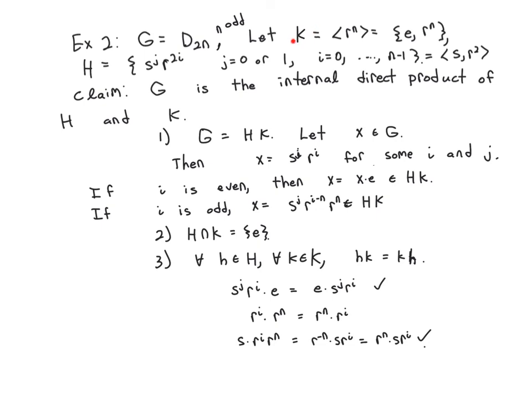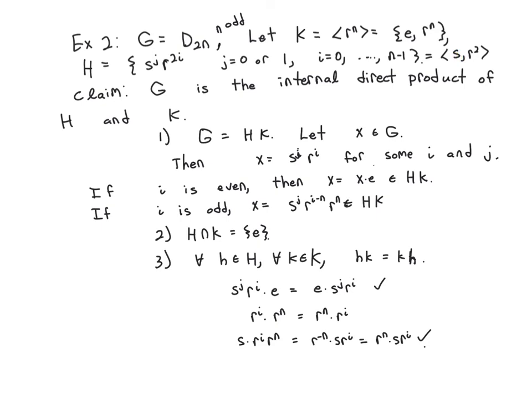Let K be the cyclic subgroup generated by r to the n. So it consists of just e and r to the n. For the purposes of the proof, we have to emphasize n is an odd number. And let H be the smallest subgroup containing s and r squared.